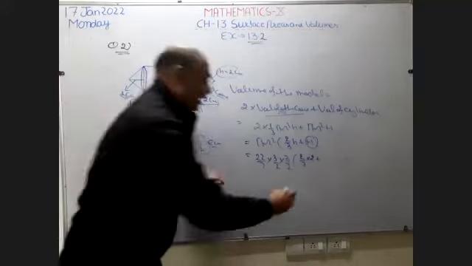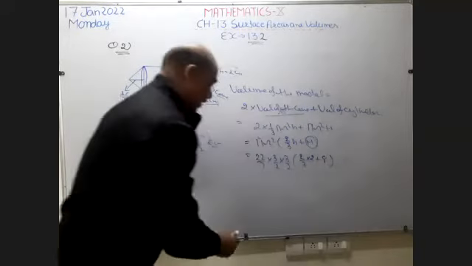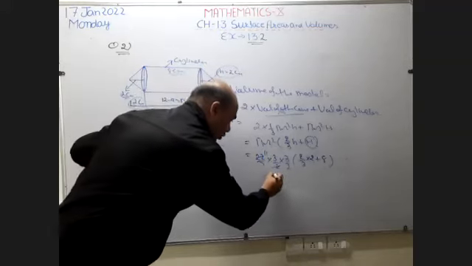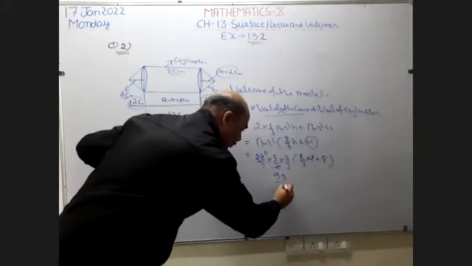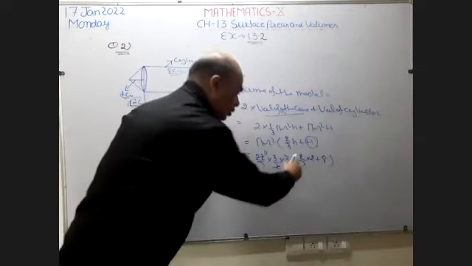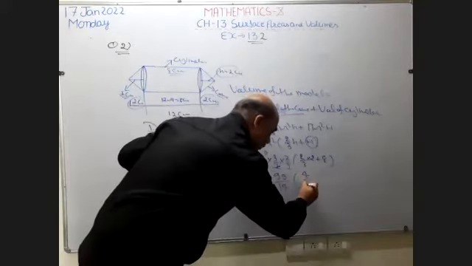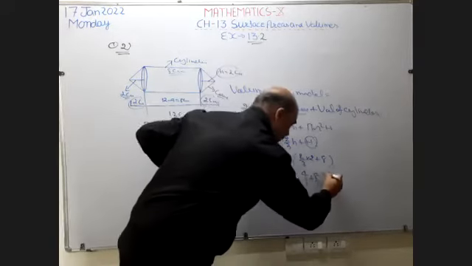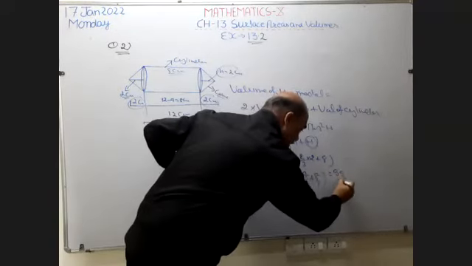Now use 8 here. Now it is going to cancel with 11. So 3 3s are 9. It is going to be 99 upon 40. Bracket start: 2 2s are 4 by 3 plus 8 by 1. Take the LCM.